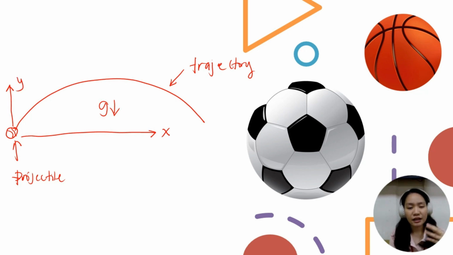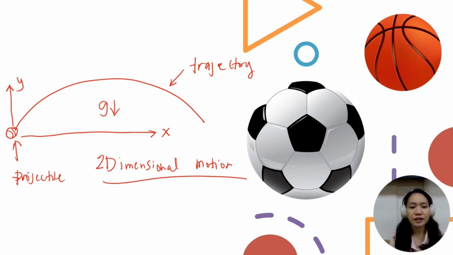From this, those types of questions would make you think that maybe the object also has a motion along the horizontal and not just the vertical where gravity is acting. And that is the reason why projectile motion is considered a two-dimensional motion.